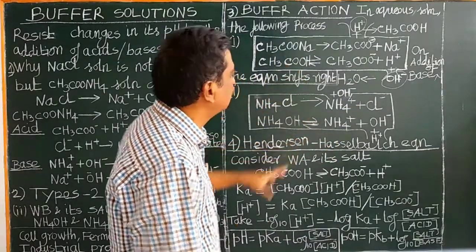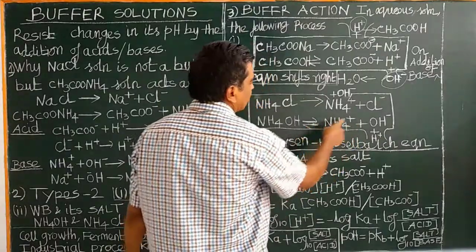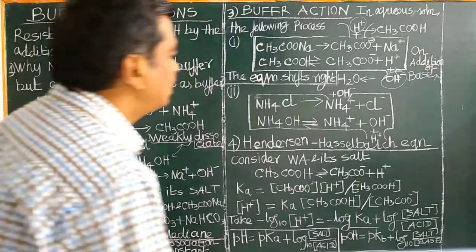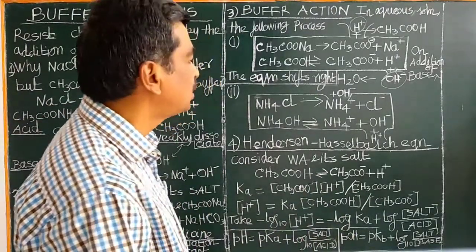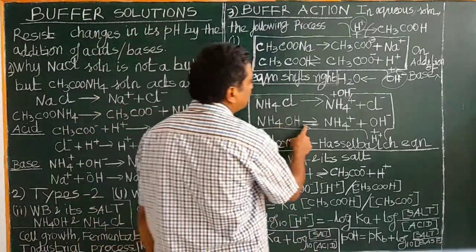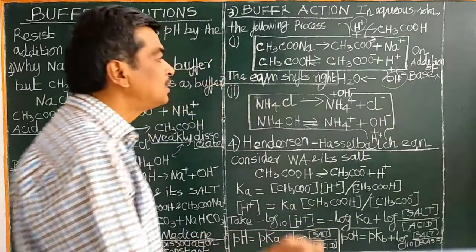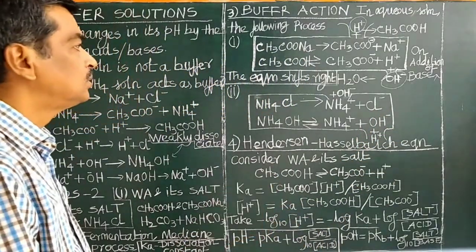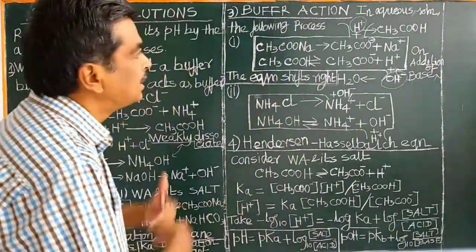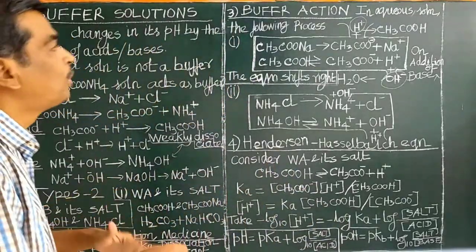Similar to the previous case, the equilibrium will shift towards the right to undo the change and maintain the equilibrium constant at a particular temperature, according to Le Chatelier's principle, so that the OH minus ion concentration is constant. Therefore, the pH does not change as a result of the addition of either acid or base. We have now studied buffer action.